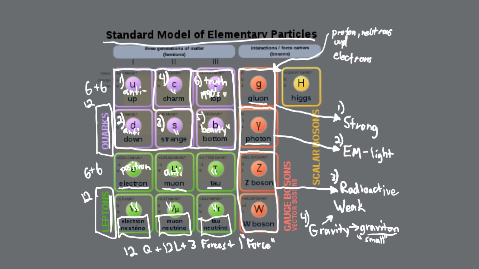The force exists, gravity exists, we haven't found the particle. And then the last piece of the puzzle is the Higgs boson, discovered in 2012. This is what gives particles mass. So this is our standard model of particle physics.